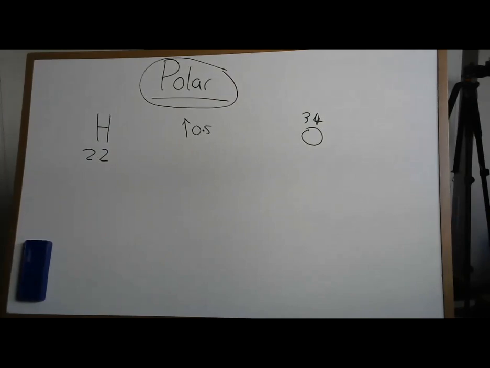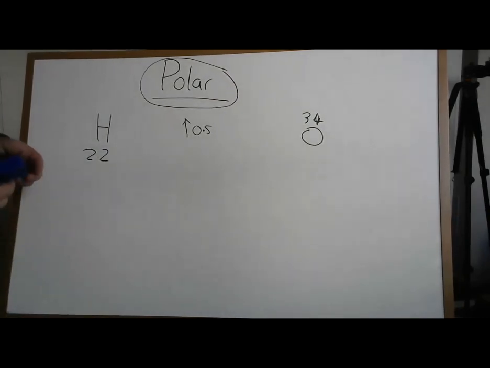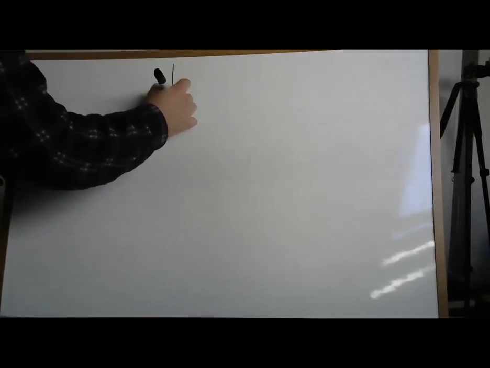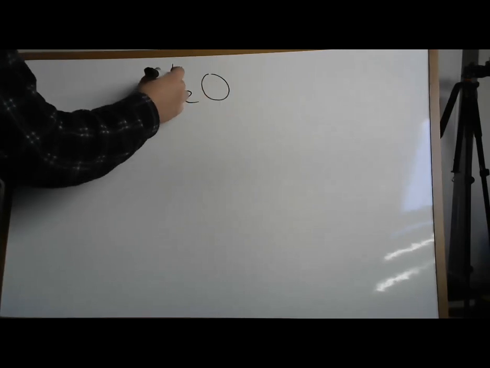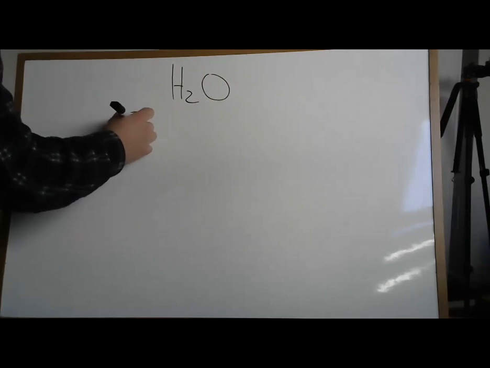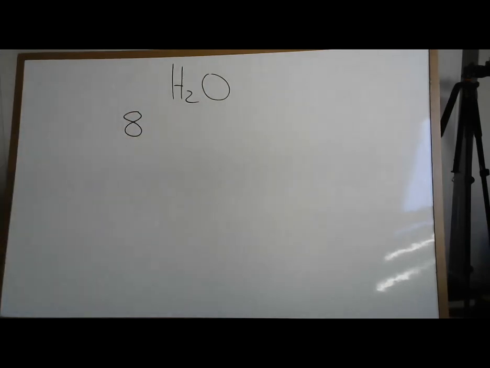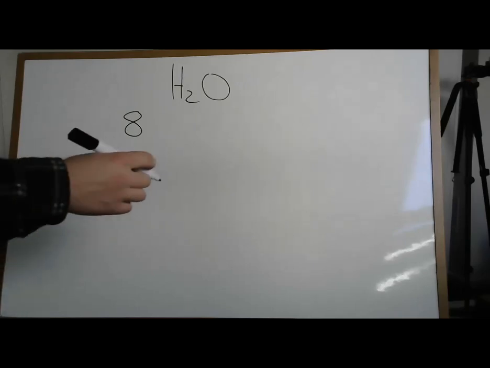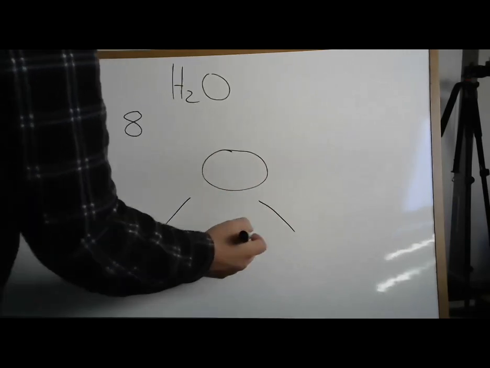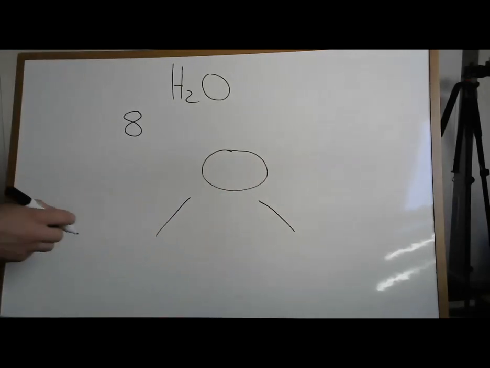So what happens in water? Water is involved in another special kind of bonding as well. Well, let's use an example because it's relatable. So hydrogen, H2O. So if we use our group 1, so hydrogen, and oxygen has 8 electrons. So we have oxygen here, hydrogen down here.